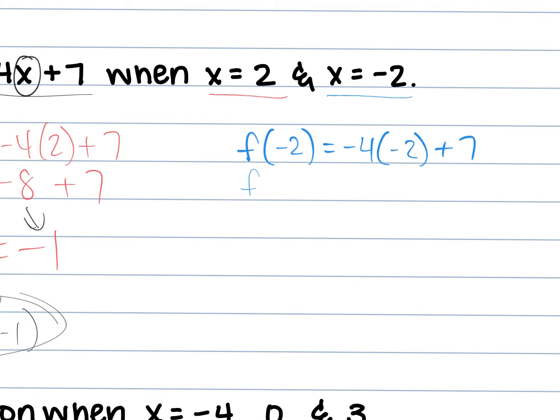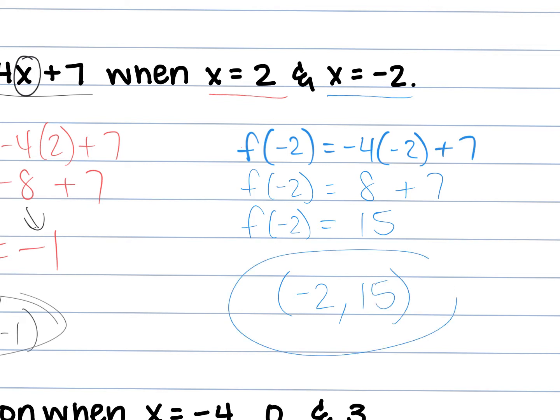So we're going to get f of negative 2 equals positive 8 plus 7. 8 plus 7? 15. Ask yourself, what was my input here? Negative 2. And my output became 15. Do you see how that's a coordinate now? Jonathan, does that make sense? A little bit better? Okay.